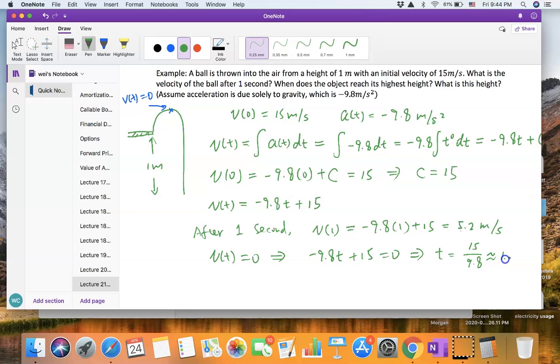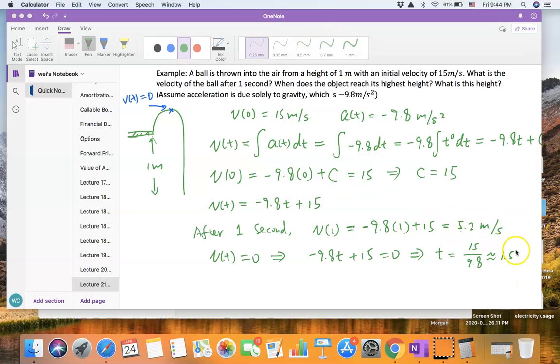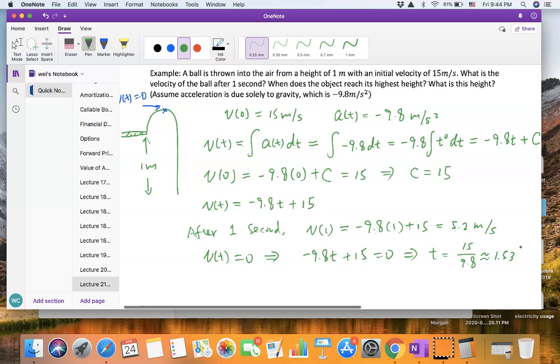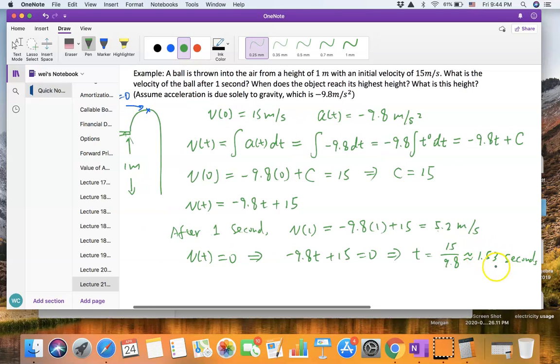So it's around 1.53 seconds. Okay. So after about 1.53 seconds, this ball will reach its highest height.